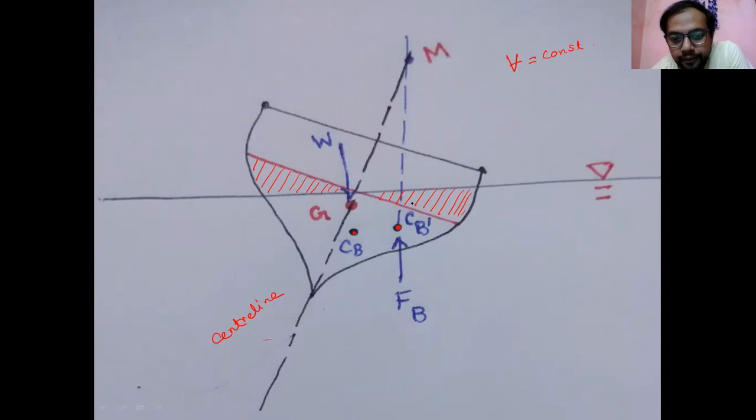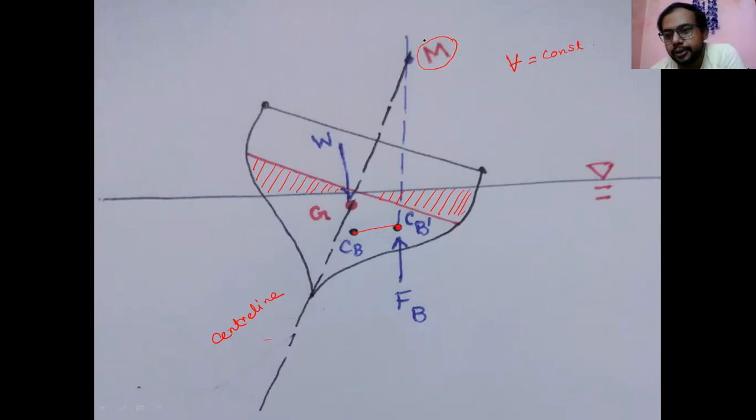And from the new center of buoyancy, shifted and displaced here, from the new CB dash, if you draw a perpendicular line, it intersects the center line. That point is known as the metacenter M. It is the most important point.